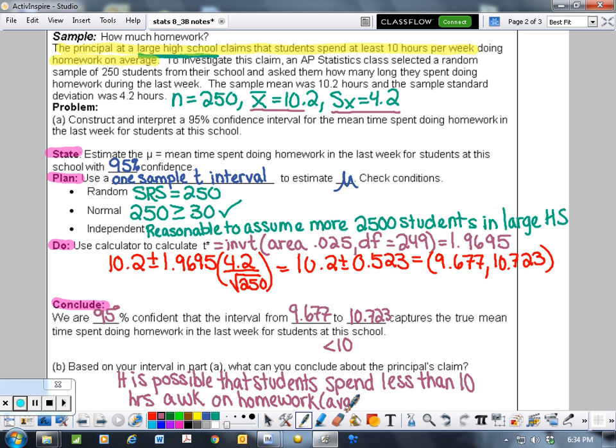And that's our average. So it's possible, because there are some values in here that are less than 10, anywhere from 9.677 up to 10. There's not a lot of room for that, but there is a possibility that students spend less than 10 hours per week on average doing homework. Okay, so that's it for there.